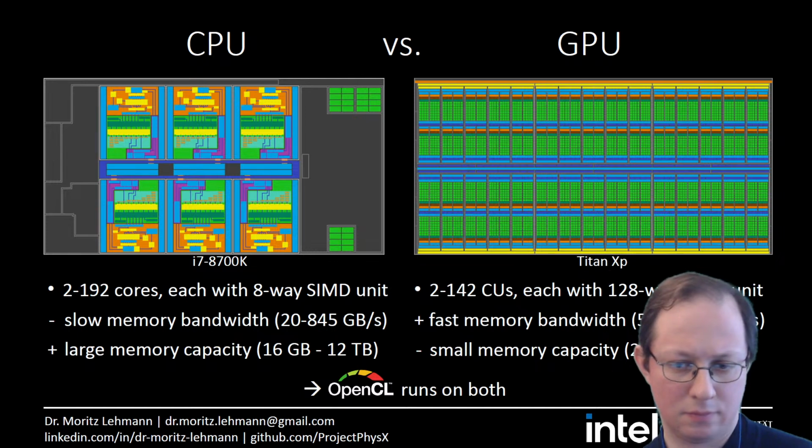But the memory capacity is more limited, because for the super fast bandwidth, the memory chips have to be in the direct vicinity of the GPU chip on the same circuit board, and the signal lengths just can't be any longer, or the data integrity would suffer. And because the physical distance has to be so small, there's just not a lot of space. So the memory capacity on the GPUs is a lot smaller.